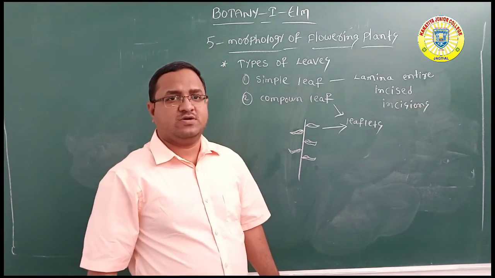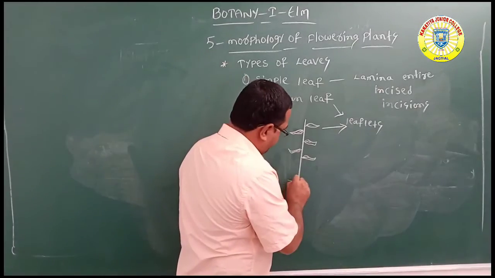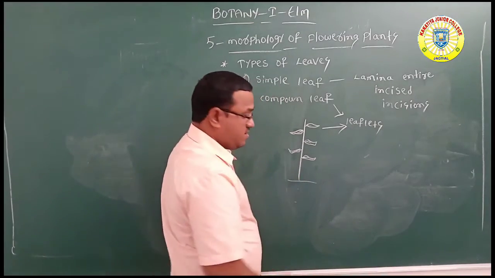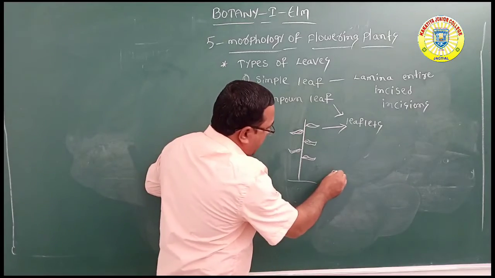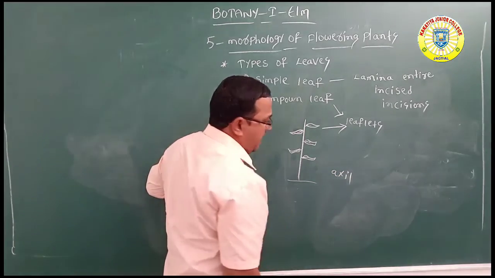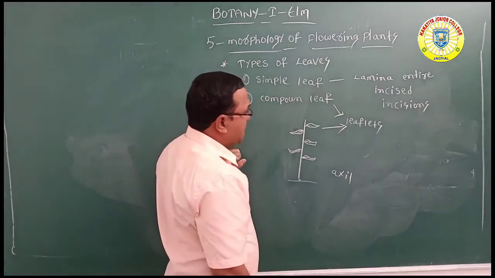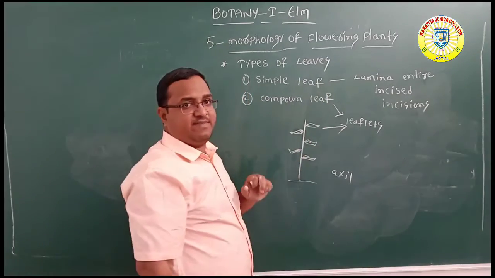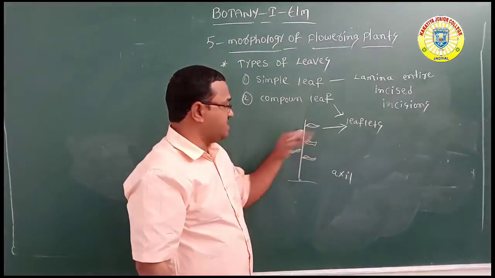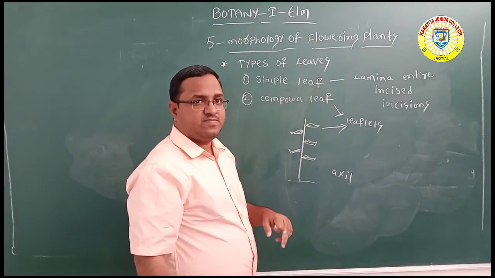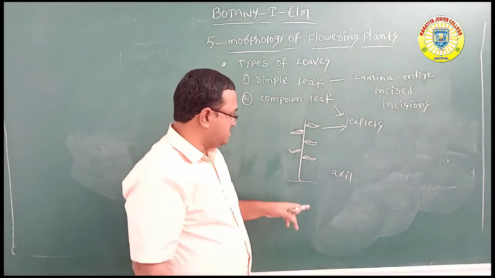The axil of the compound leaf has a bud, and the axil of the simple leaf has a bud. But there are no buds in the axil of the leaflets.